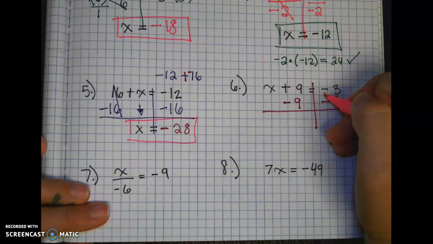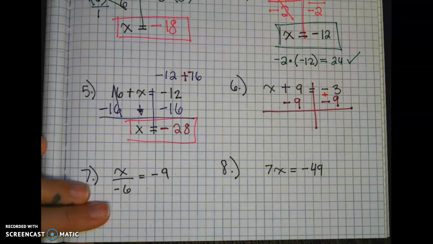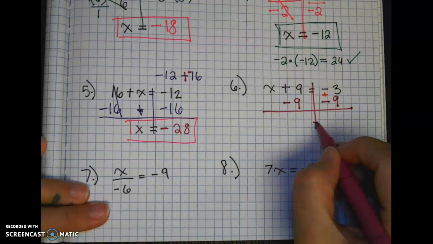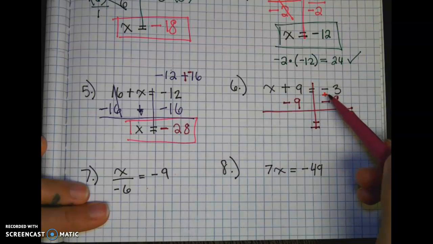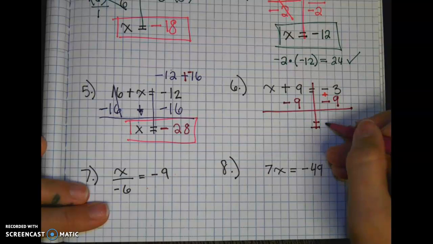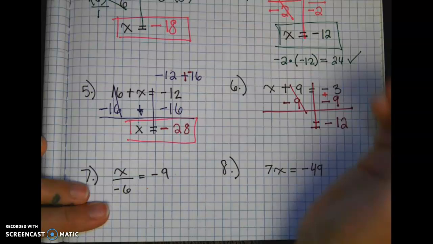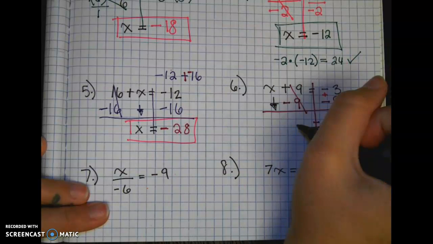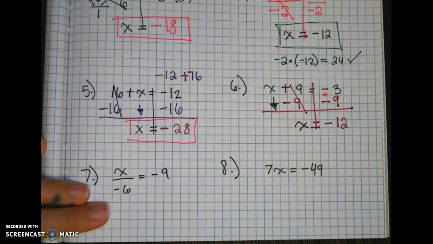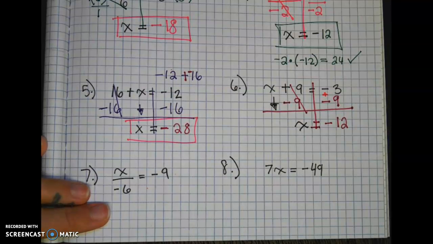So I'm going to add these 2 negatives together. I'm getting more negative. So I have negative 3 plus negative 9, which is going to give me what? Negative 12. You're right. Bring down your x. You can bring down your x first and then solve the other side too. However you want to do it.